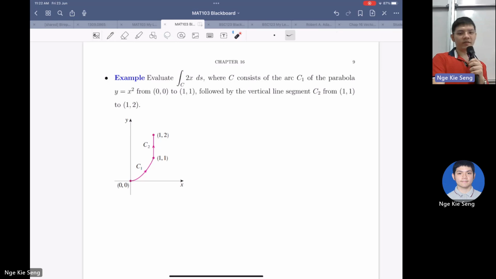Now we have a different example: you want to integrate the function 2x over a curve, but this curve is a piecewise curve. Try to work out this integral. You need to find the lines you need and then parameterize them.